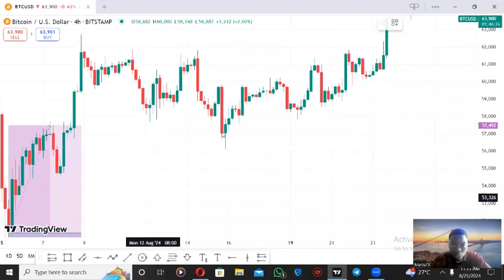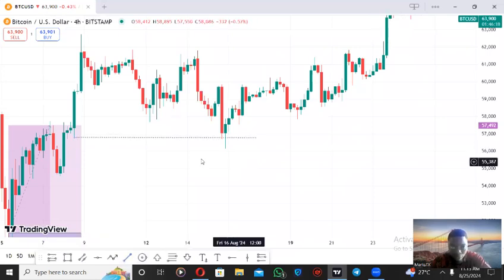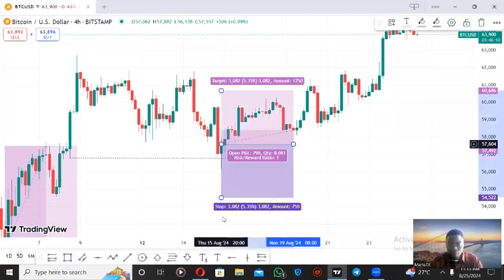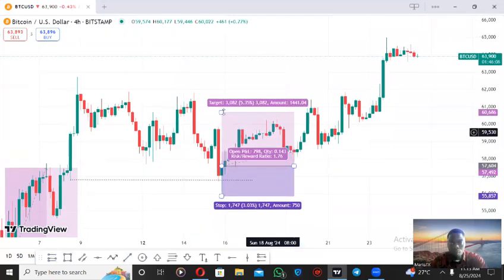Okay, it's not a sweep, so don't be deceived by that. The only sweep that I'm seeing here, price came and swept this guy. And then you would have bought from here now. Your stop loss just below that level.